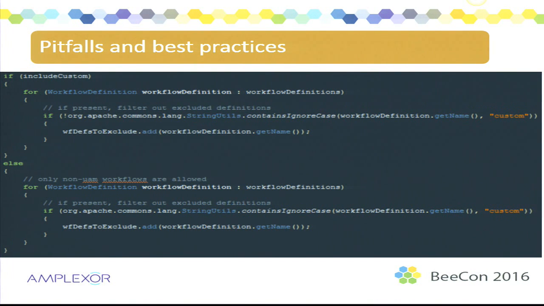In the else part, if that parameter is false or missing, so that's a call from the out-of-the-box Share, and your workflow definition does start with your prefix, exclude it from the result set. So that way, our out-of-the-box Share will only show the out-of-the-box workflows, and our customized Share will only show the custom workflows.